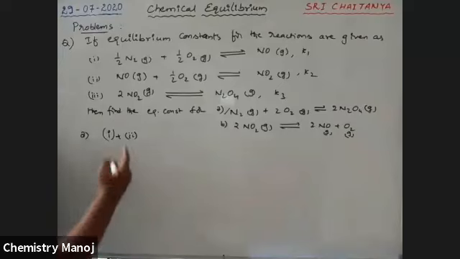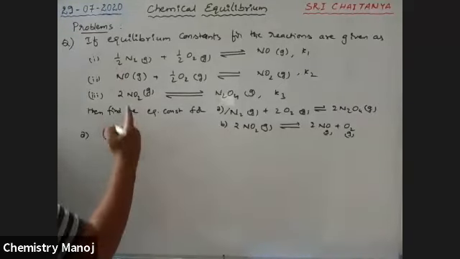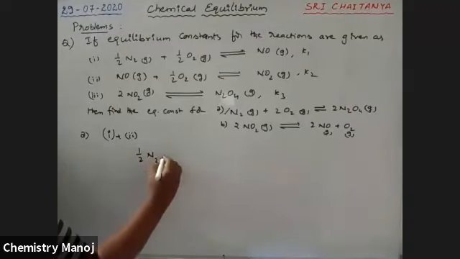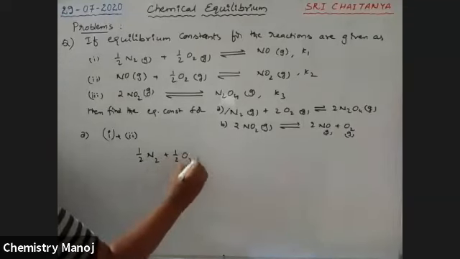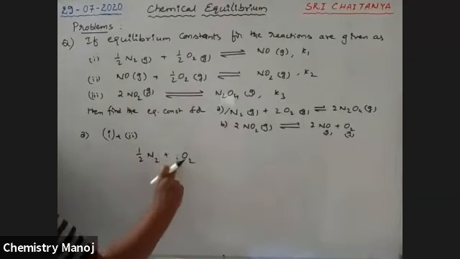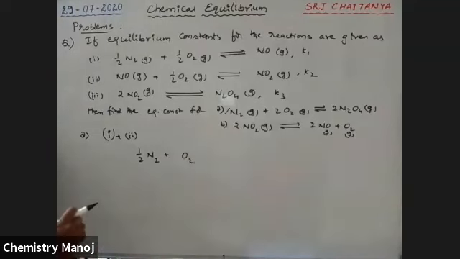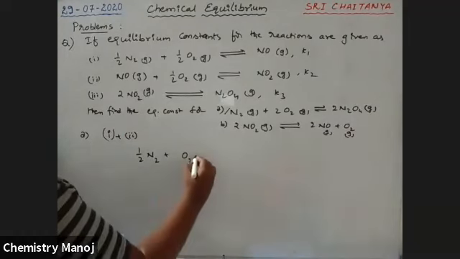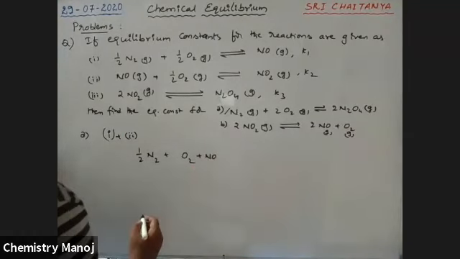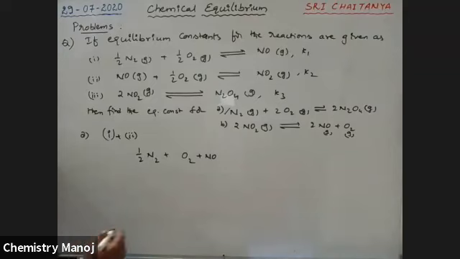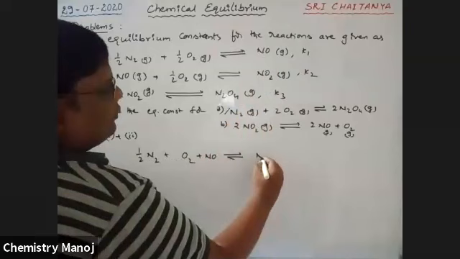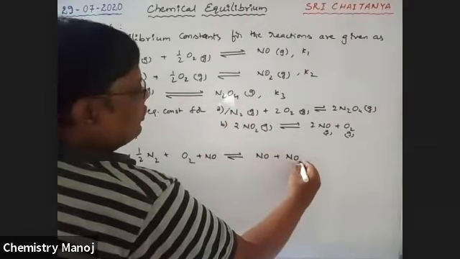So see here, half N2 plus half O2 gives NO, and NO plus half O2 gives NO2.